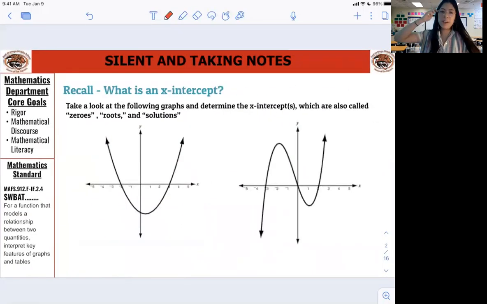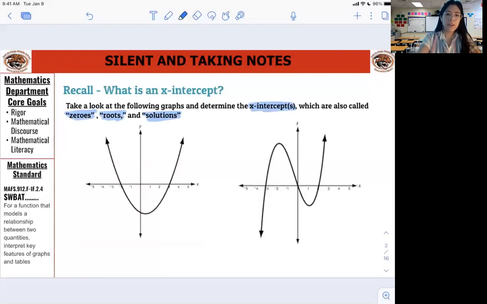So quick review of x-intercepts, because we haven't talked about them in a while. I want you guys to take a look at the following graphs and determine the x-intercepts, which, by the way, don't forget, you can also call them zeros, roots, and solutions. They all mean the same thing. So all those keywords are the same thing as x-intercept.